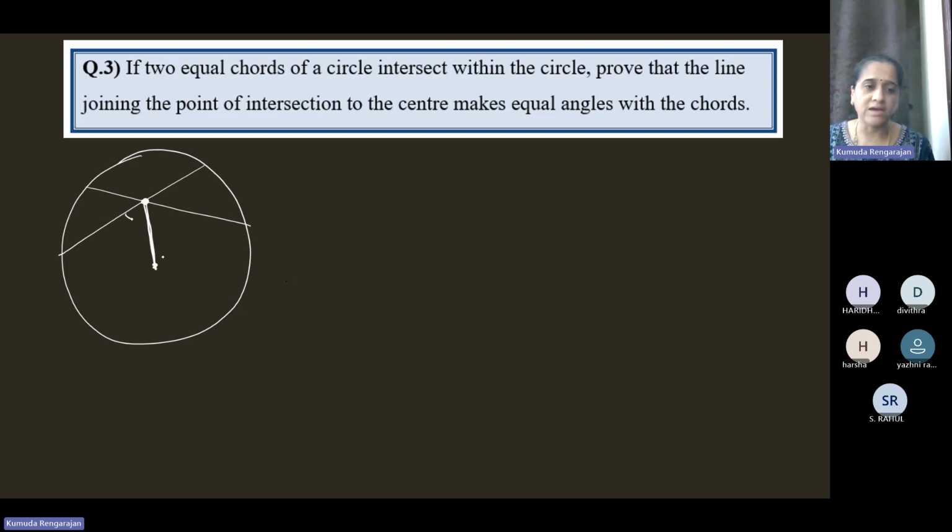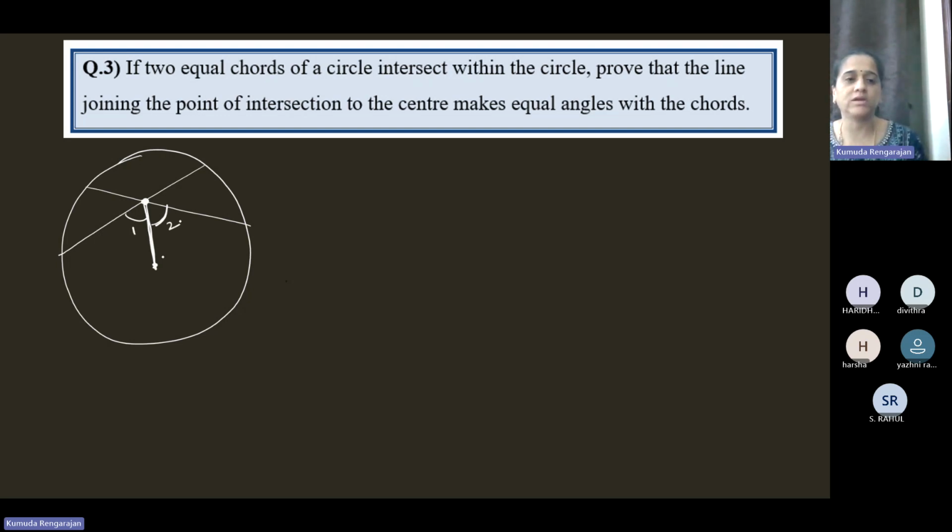This is the point of intersection, this is the center. This is the angle between one chord and that line segment, and this is the angle between the other chord and the line segment. You need to prove that these two angles are equal.